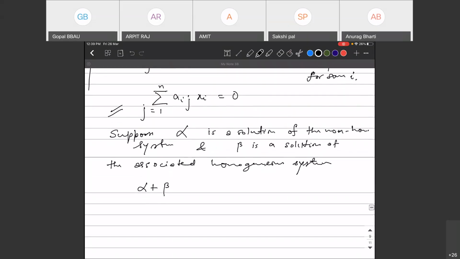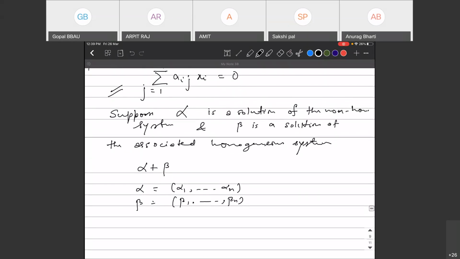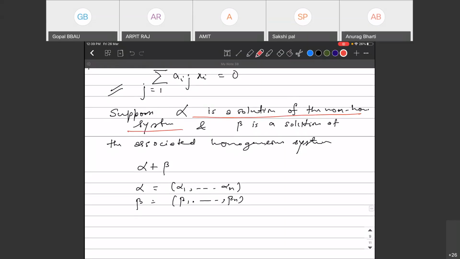So let's do this. Say alpha is alpha 1 to alpha n, beta is beta 1 to beta n. Okay. So from this, alpha is a solution of the non-homogeneous system.